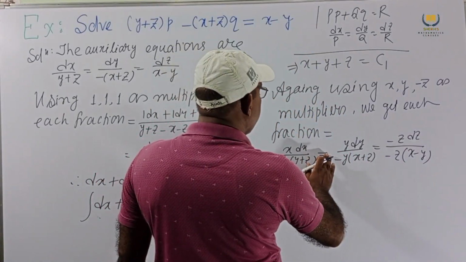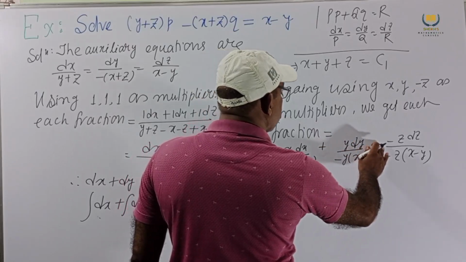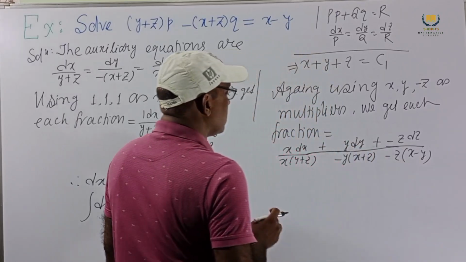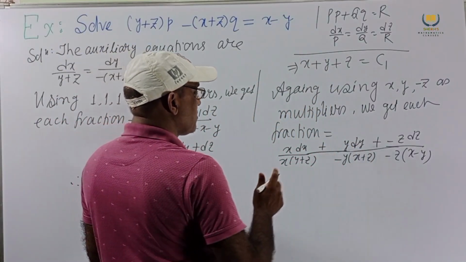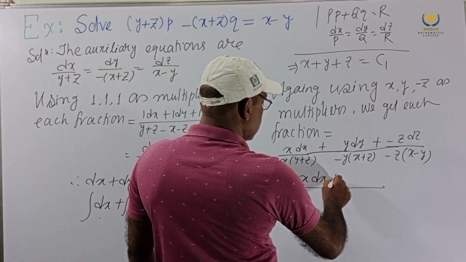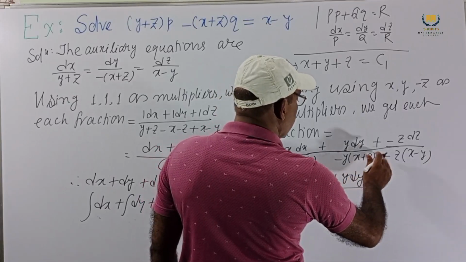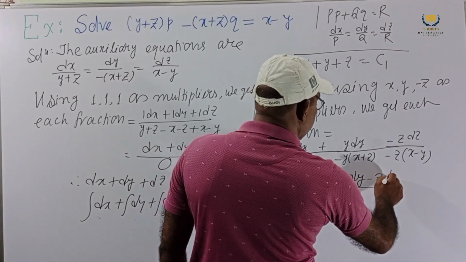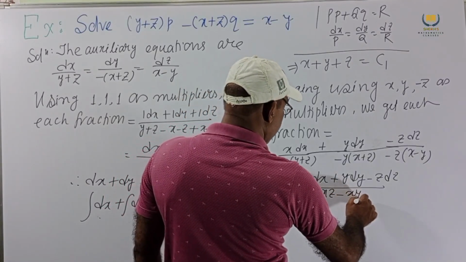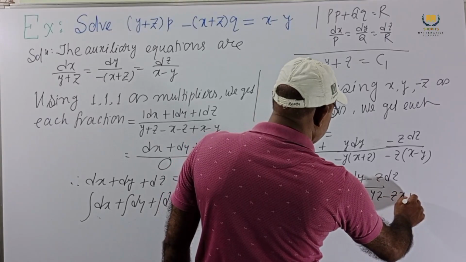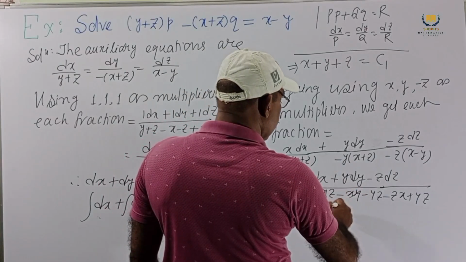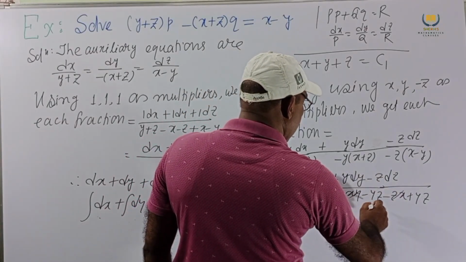This one we add. We get each fraction equal to x dx plus y dy minus z dz over xy plus xz minus xy minus yz minus zx plus yz. xy cancels, xz cancels, and yz cancels.